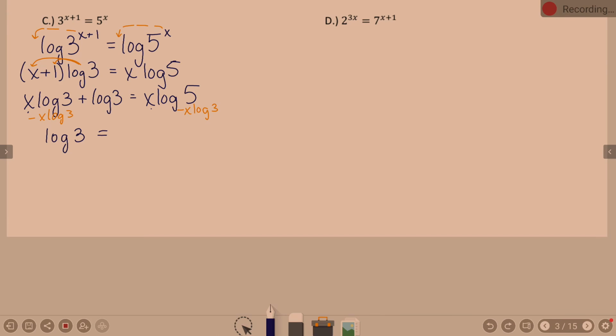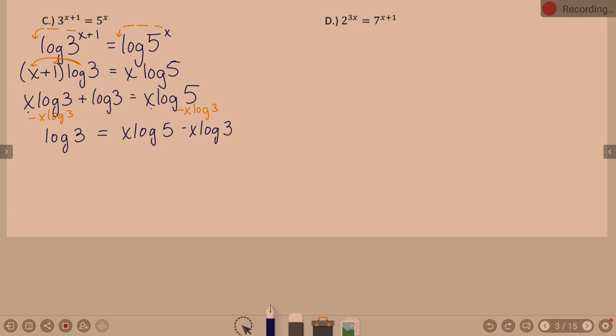Remember, we have a property that when we subtract logs, if they don't have the x's out front, we can write them as a quotient, like log of 5 minus log of 3 is log of 5 divided by 3, but we can't do that with the x's. So I'm going to write this as x log 5 minus x log 3.